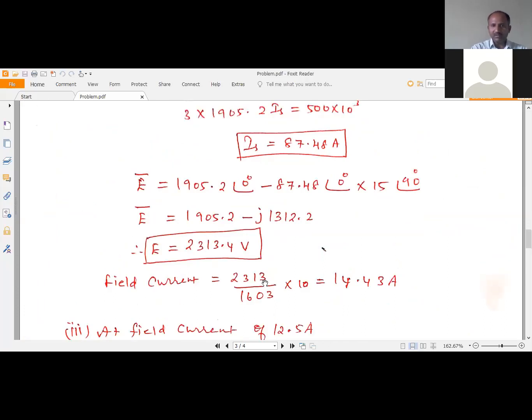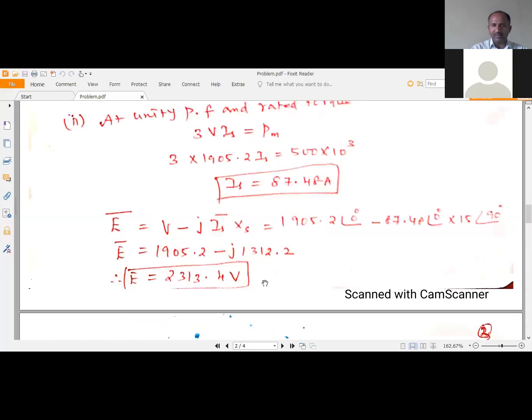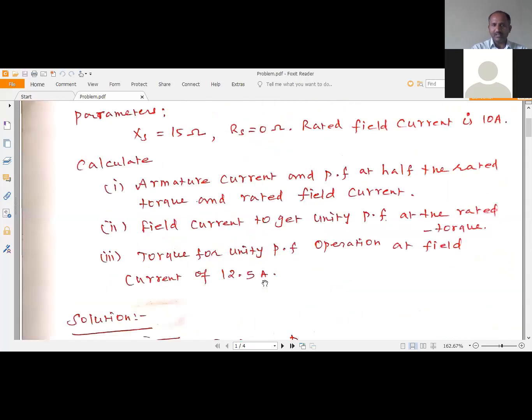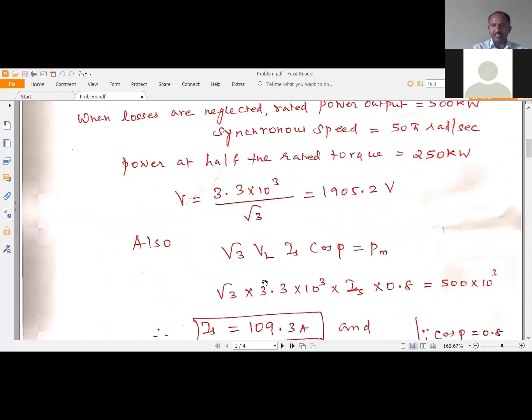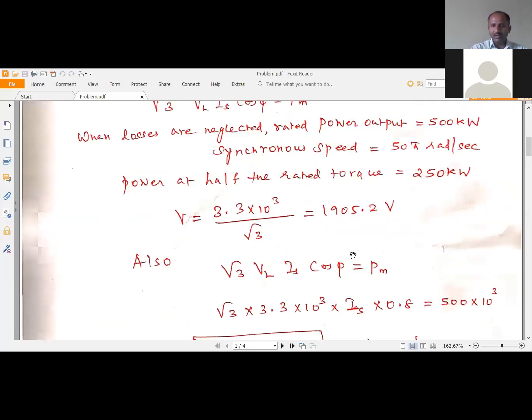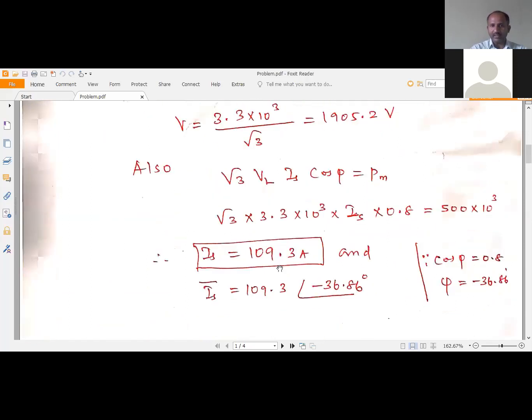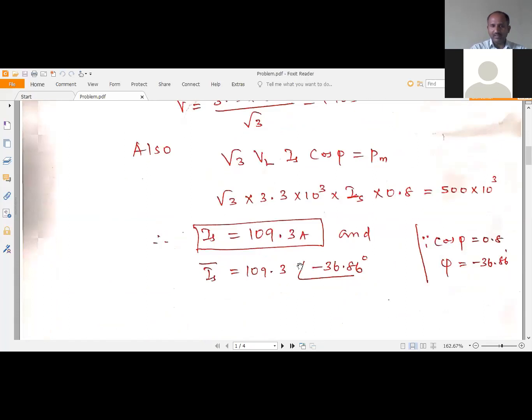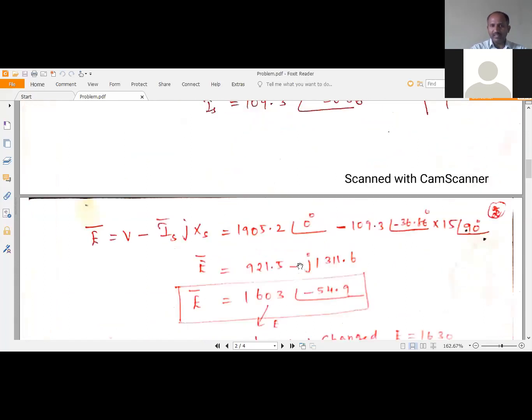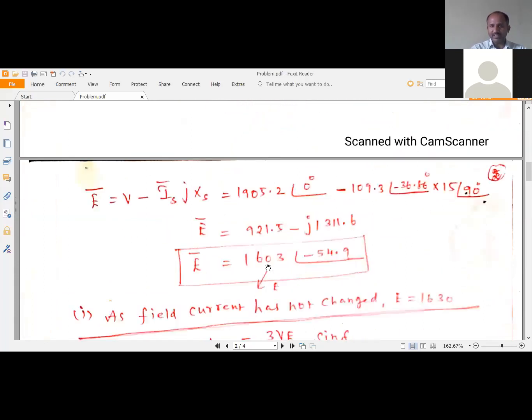Before, in point number 1, we obtained the value of voltage as 1905.2, and the value of IS as 19.3 ampere, and the value of E as 1603.